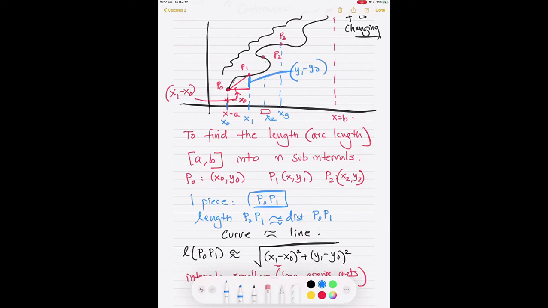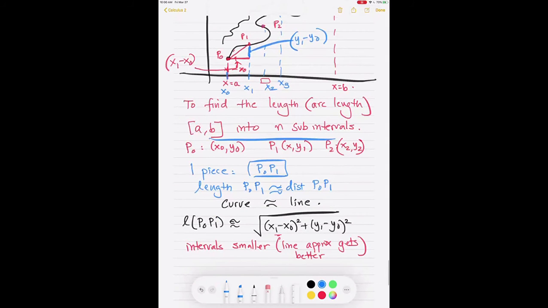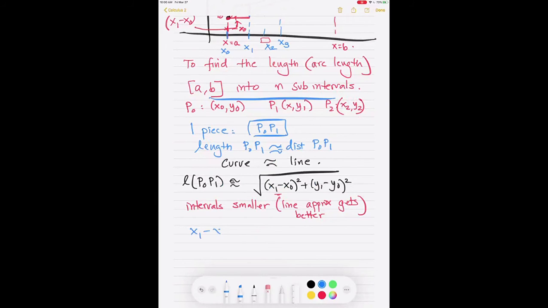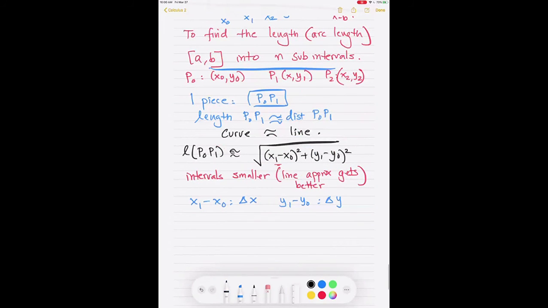So tell me, what is x1 minus x naught again? Remember, you divided into n subintervals, so isn't x1 minus x naught delta x? Isn't y1 minus y naught delta y? So now that length between just two points, P0 and P1, just one piece, is going to be the square root of delta x squared plus delta y squared.